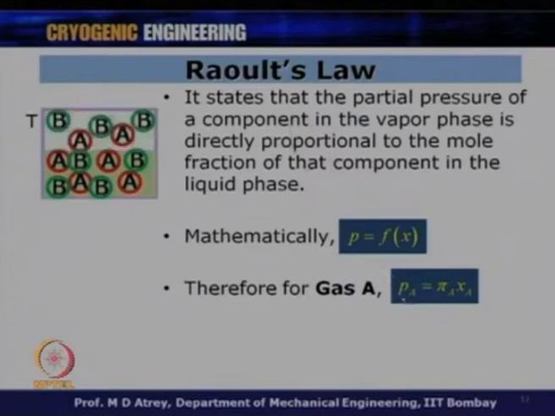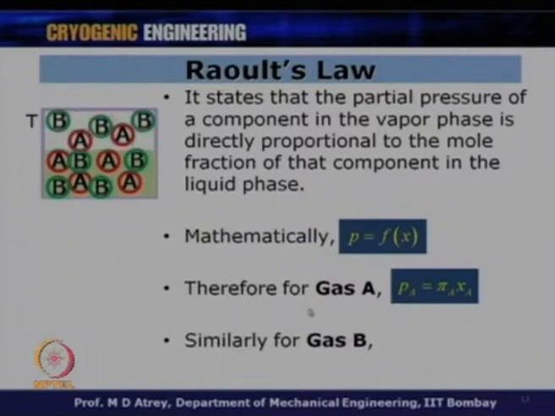I am relating the partial pressure of a vapor in a given mixture to the mole fraction of that component in the liquid phase, and it is related by the vapor pressure of gas A, which is a characteristic pressure at a given temperature. So, if I know XA, I can compute the partial pressure exerted by the vapor of that component in a given enclosure at temperature T.